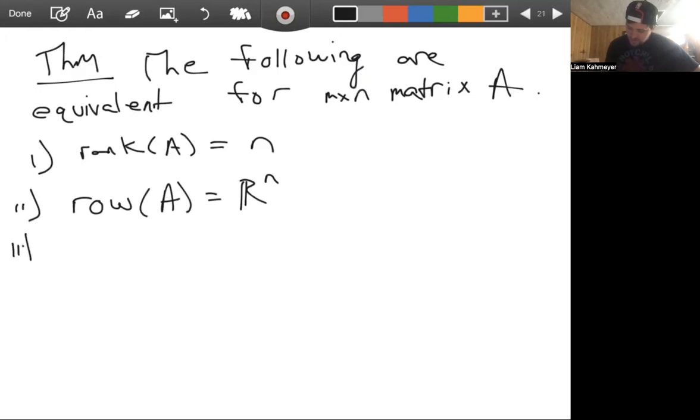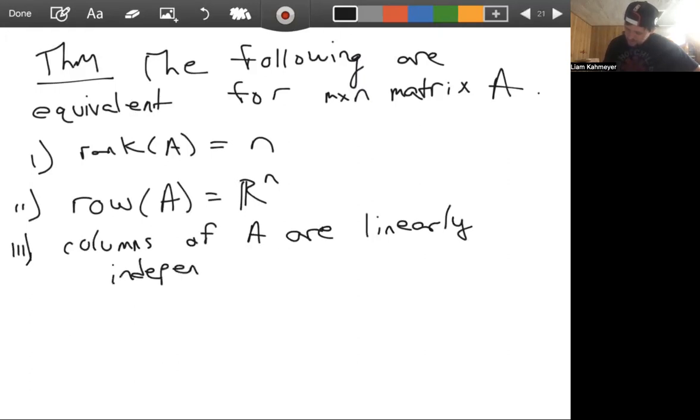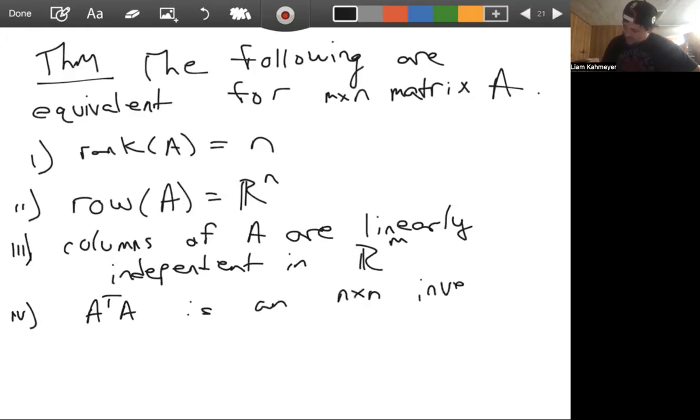We have that the columns of A are linearly independent in Rm. We have that A transpose times A is an n by n invertible matrix.